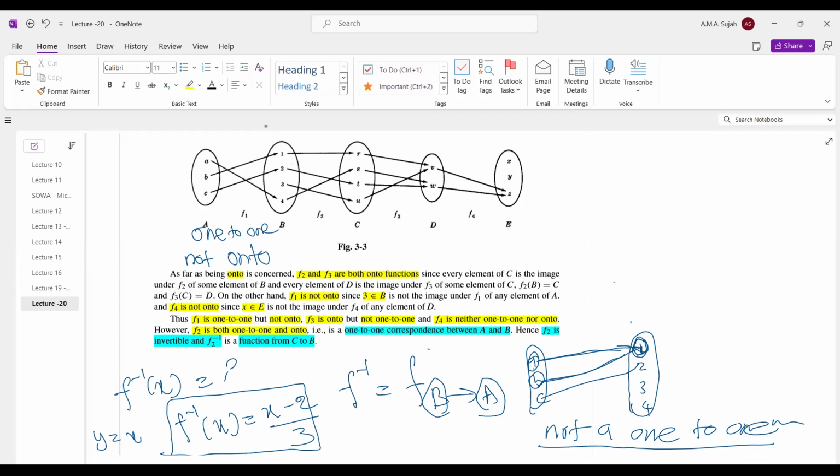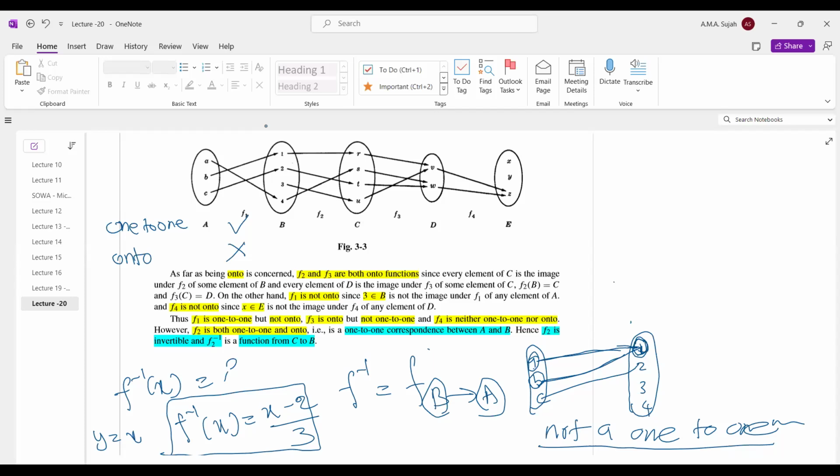If you look at an onto function, each and every element in the codomain has a relation. But if you look here, 3 is an element and there is no relation with A, right? So this is not an onto function. So I'm writing it this way: here this is a one-to-one function, but not onto.